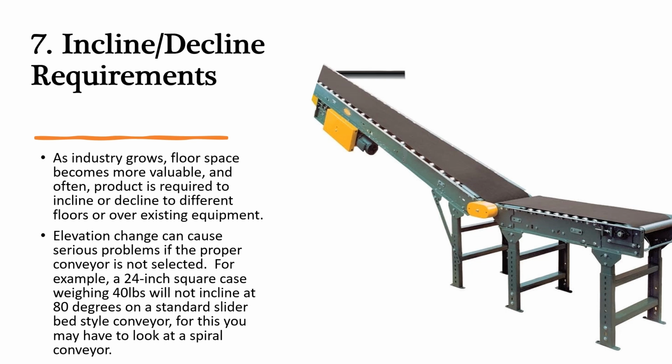If we have a 24-inch square case weighing, let's say, 40 pounds and it is inclined at 80 degrees on a standard slider bed style of conveyor, in that case we will require a spiral conveyor. If you design the conveyor and you don't know how the inclination or declination is affecting the system, then it will be a wrong selection.